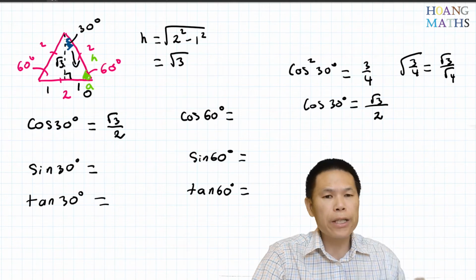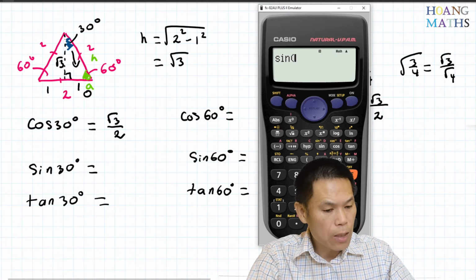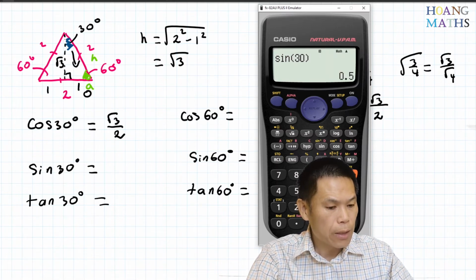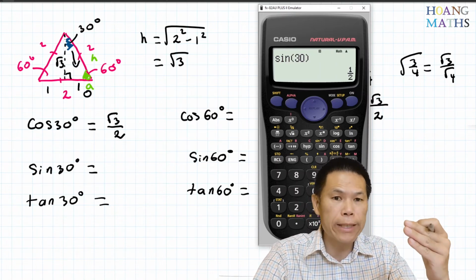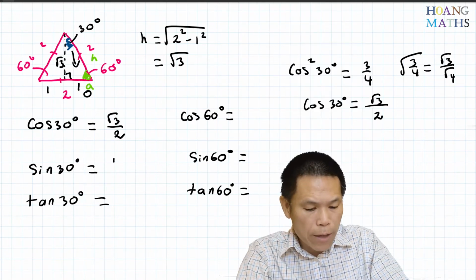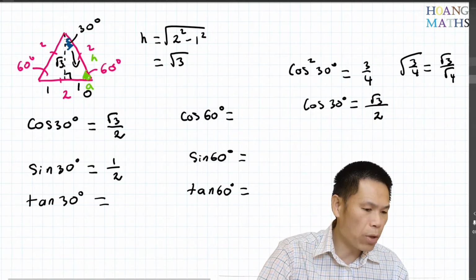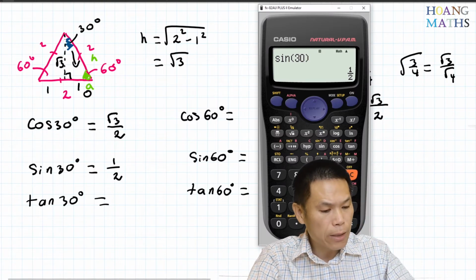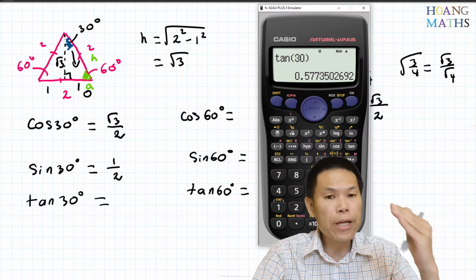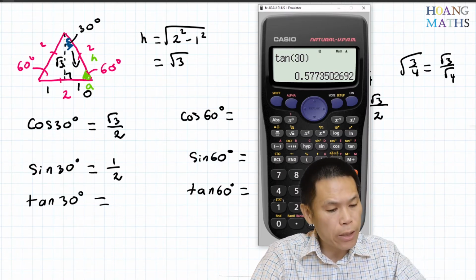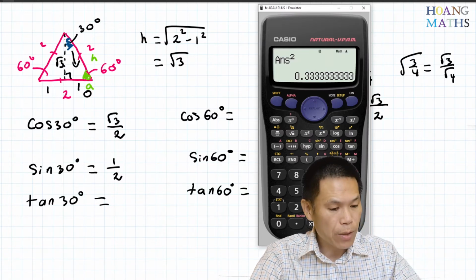Let's put sine of 30 degrees on the calculator. So if I go sine of 30, it equals a half. So a half is already an exact value itself. So I don't have to do anything. So 1 over 2. Now tan of 30 degrees. So just write tan of 30. Again, it is an irrational number. So if I square it, it should give me a rational number. So this is 1 over 3.